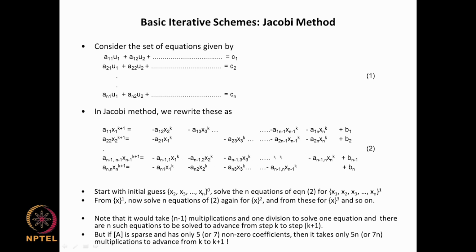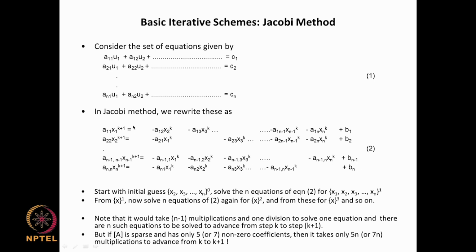And if you consider the last equation here, this term here, this xn is the diagonal element. So this is kept here, and all the other terms are taken to the right hand side along with the right hand side coefficient here.